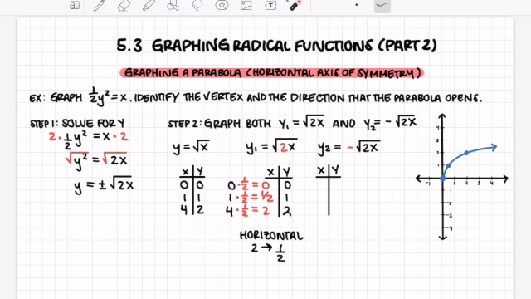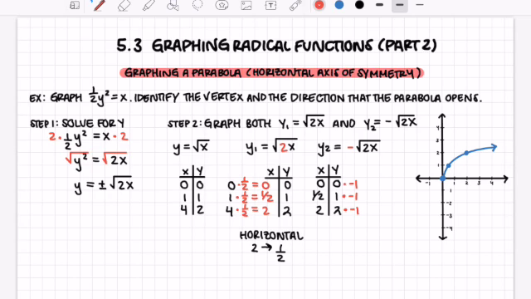Since it's on the outside of our square root, I will be changing my y values, because it is a reflection over the x-axis. So I am going to keep my x values the same as the ones over here, but for my y values, I'm going to multiply all of them by negative 1.